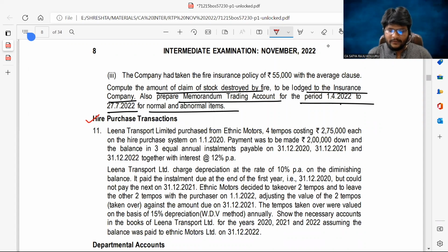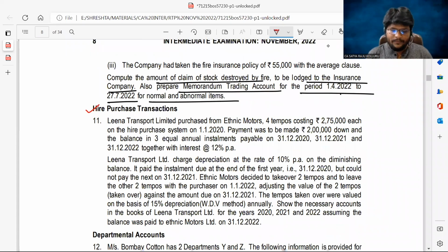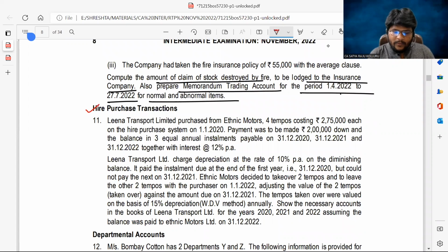Related to hire purchase, what is the problem? Lena Transport Limited purchased from Ethnic Motors. Hire purchaser, Lena Transport Limited; Ethnic Motors, hire vendor. 4 tempos costing 2,75,000 each on hire purchase system on 1/1/2020. 4 multiplied with 2,75,000, 11 lakh.